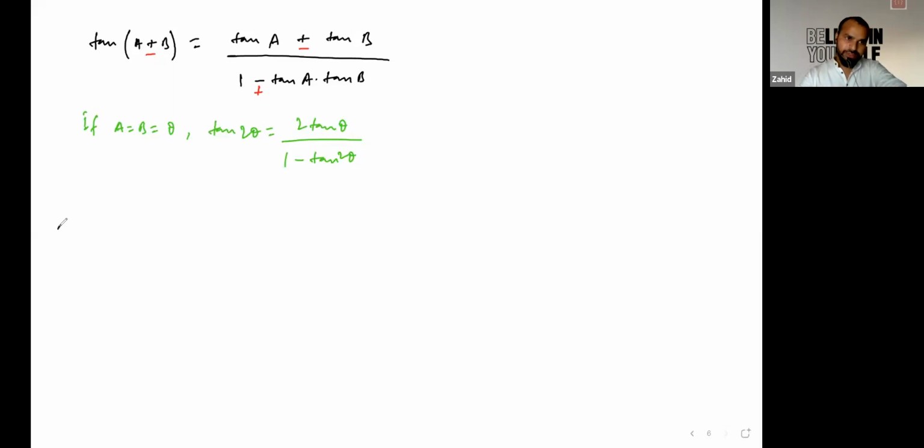So if there is a question to find sine 75 degree, or cos of 15 degree, how would we calculate these values? Since we haven't learned this part, we have learned earlier for 0 degree, 30 degree, 45 degree, 60 degree, and 90 degree. We haven't learned for 75 degree, 15 degree, and so on. So how to solve these angles?